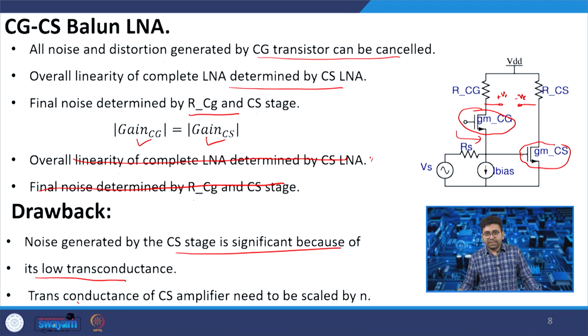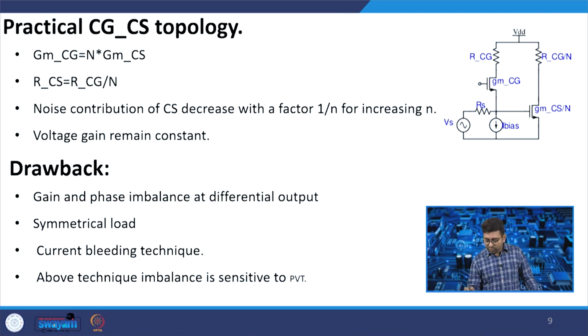So if you scale GM of the common gate down by n, and the resistance also by n, what you need is GM of the common gate equal to n times GM of the common source, and resistance RCS equal to R common gate by n.